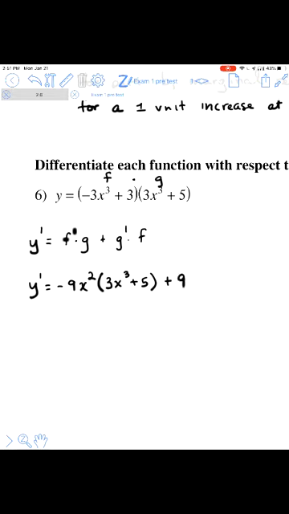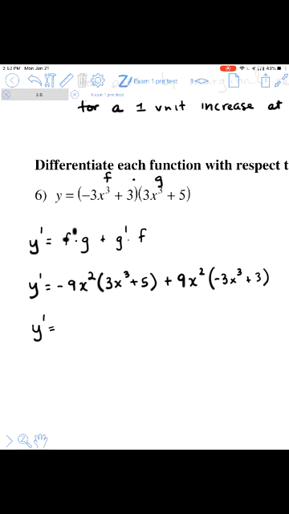That would be positive 9x squared multiplied by f. And then we simplify to either factors that are all multiplying each other or individual terms added together like a long polynomial. So I'm just going to go ahead and distribute some terms here.